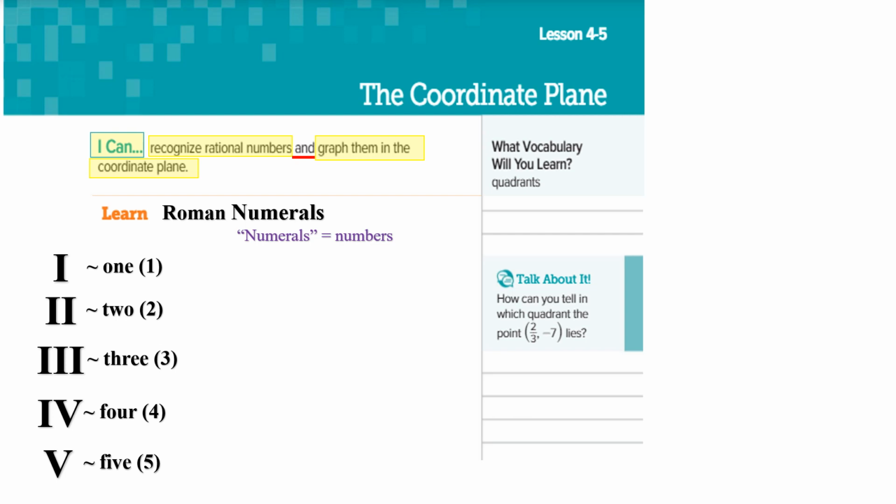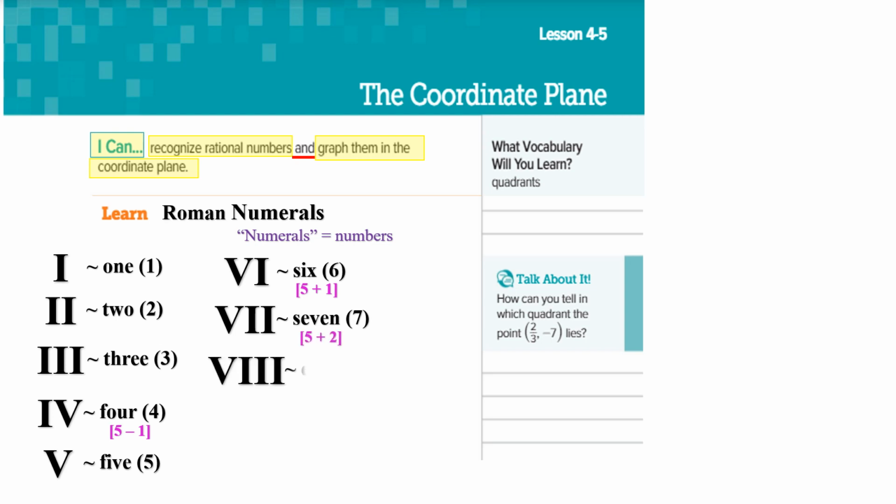And then as they continued, they started with 5 and they added to it until we got to 9. So when I look at the V and I, so V plus 1, 5 plus 1 gives me 6. And VII, we have 5 plus 2 because that's 7. And VIII would be 5 plus 3, which is 8.